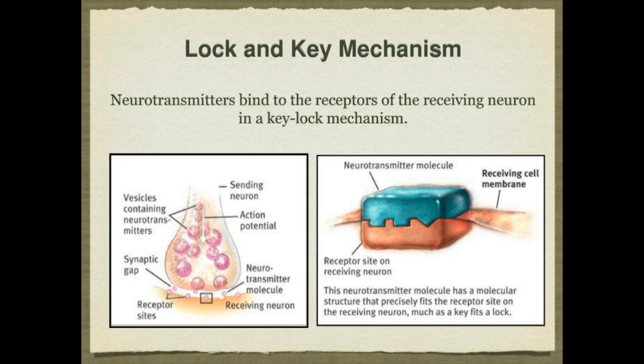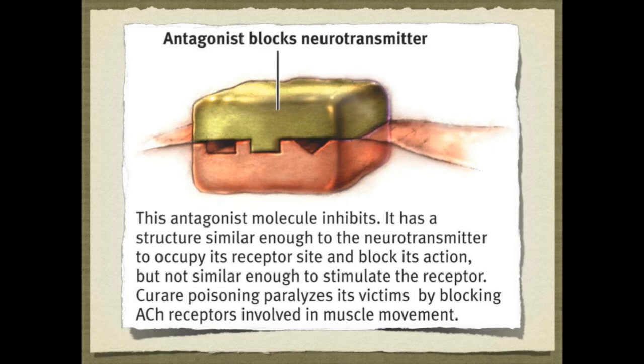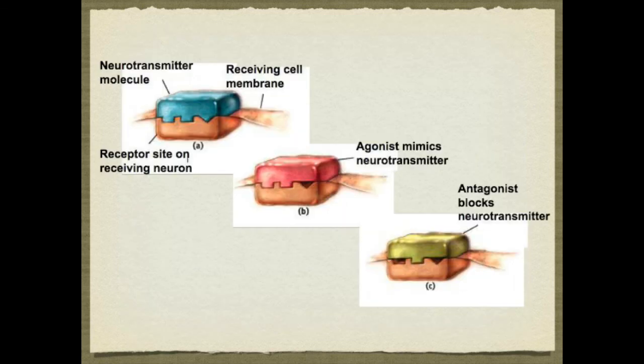And these are the types of drugs that can be entered into the synaptic gap. We've got agonists, they mimic. The antagonists block, and then the reuptake inhibitors. So really, when we have a drug that affects the dendrite, the receiving part of the neurotransmission, it's either going to be an agonist or an antagonist.